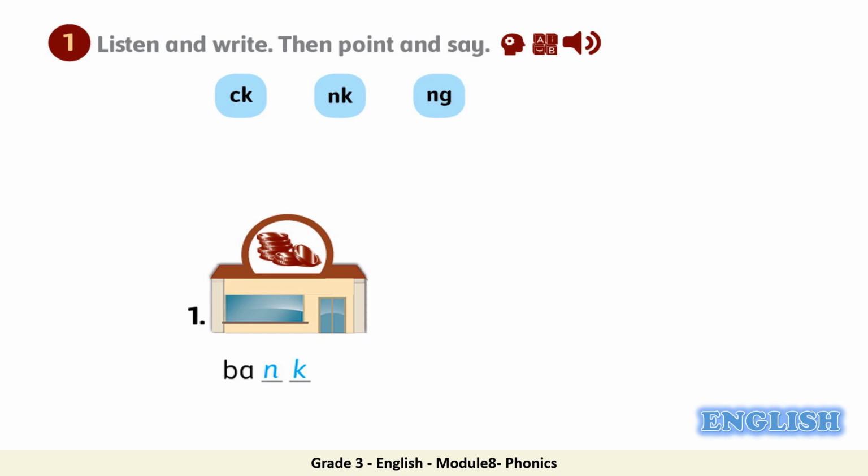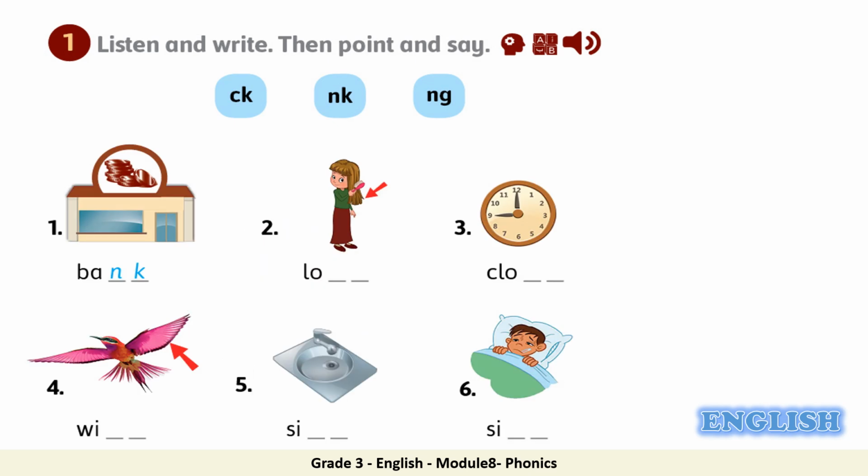1. Bank. Now you can listen to the rest of the words and complete the activity. Are you ready? Let's see if you are going to get the star or not. Workbook, Module 8, Phonics. 1. Listen and write. Then point and say. 1.